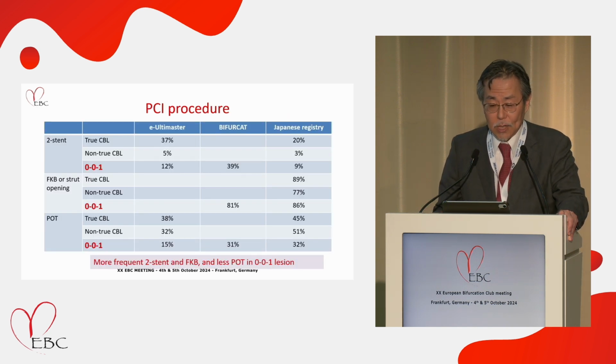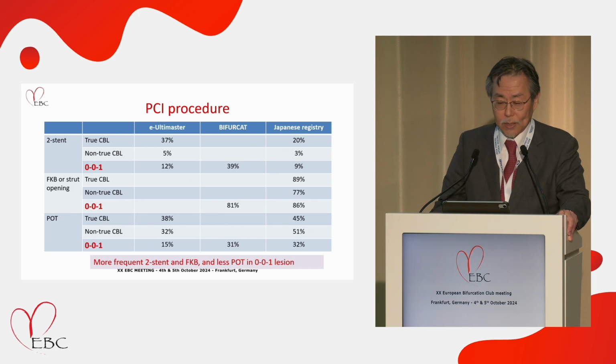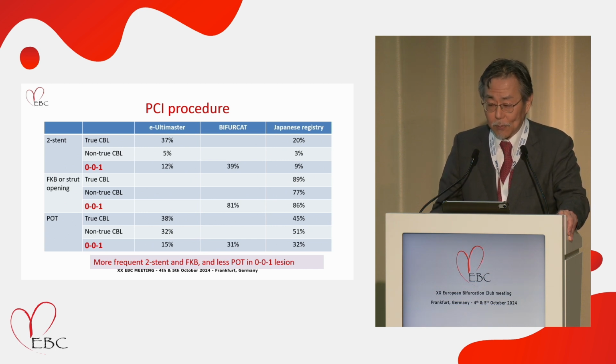In terms of the PCI procedure, 2-stent performance in the Japanese registry has the lowest percentage, 20%. However, there is a similar trend as in E-Archmaster.